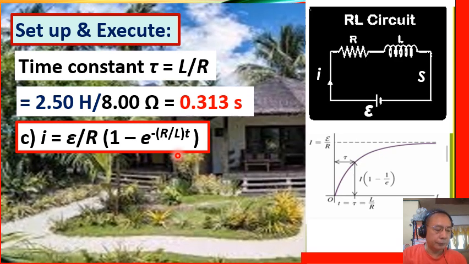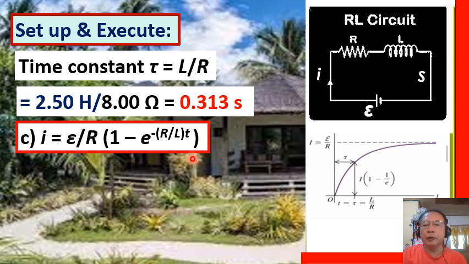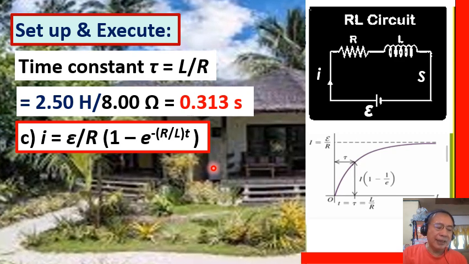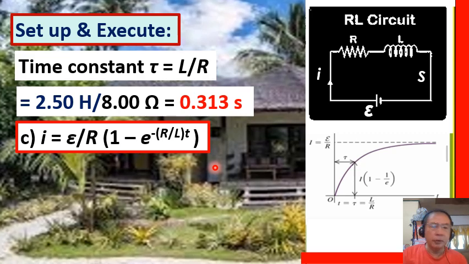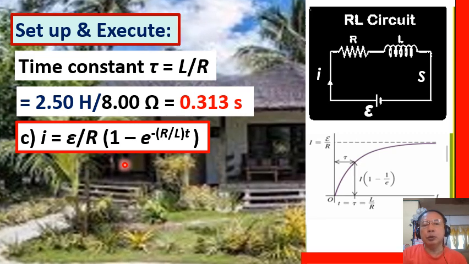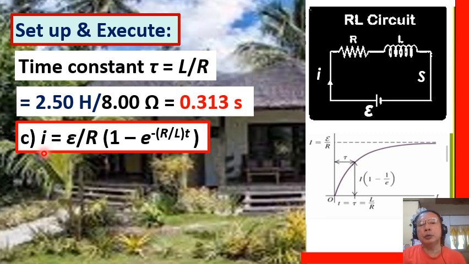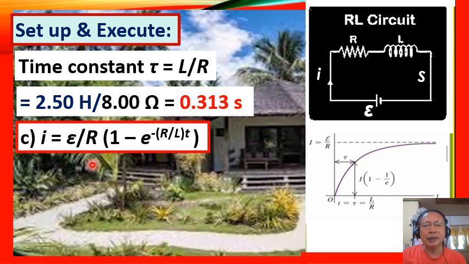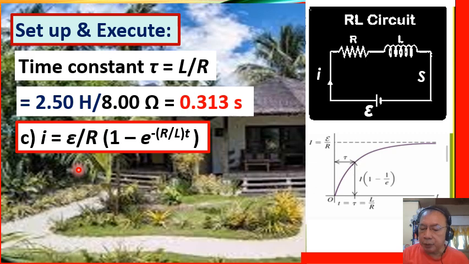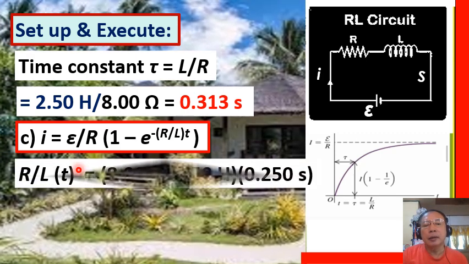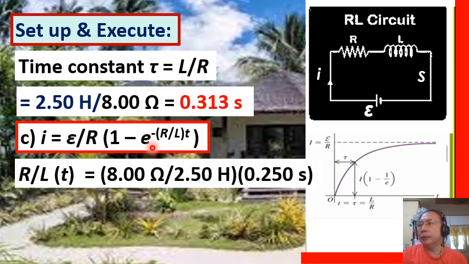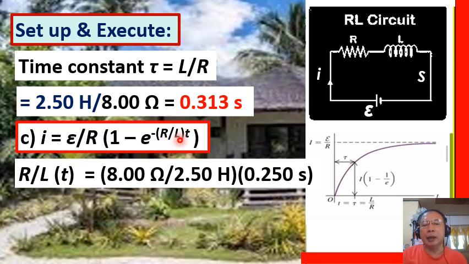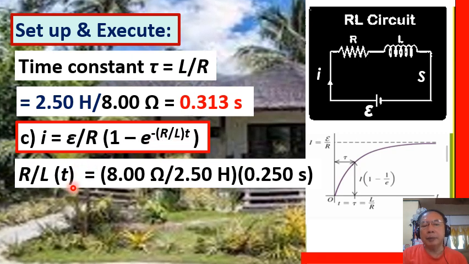I'm sure you are familiar with Euler's number. So for ease in our computation, this is what we will do. Before we compute the current small i directly, we first determine the power of the Euler's number, big R over big L times the time t.